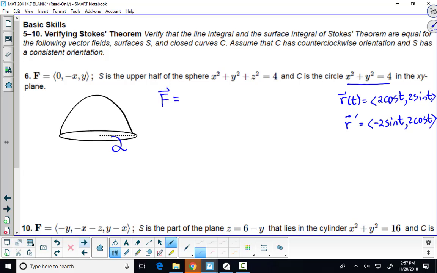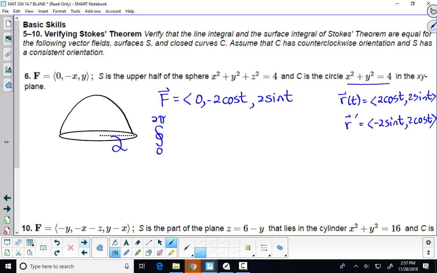Now the vector field: we need to take the parameterization for that curve and throw it into the vector field so that we get the vector field in terms of t. So we're going to have 0 minus 2 cosine t, comma 2 sine t. So there's our vector field. Now the integral around this closed curve, we're going to go 0 to 2 pi, and we're going to do F dot r prime.